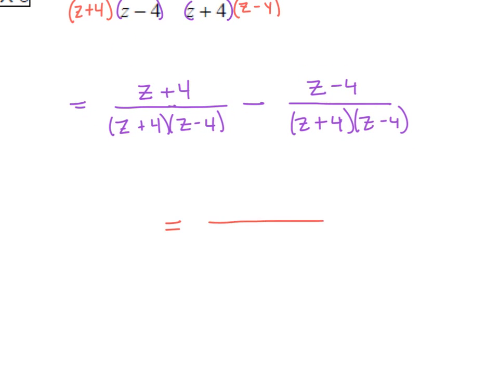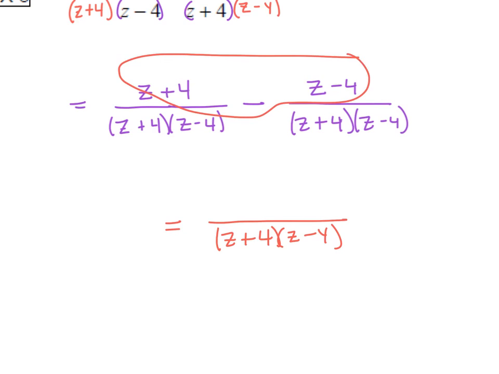So we can do the subtraction, and we know we're going to have z plus 4 and z minus 4 for our denominator. And then the numerator, we're going to combine all of this. So we have a z plus 4, and then we have minus a z, so minus z, and then minus a negative 4. So minus a negative 4 becomes plus 4.